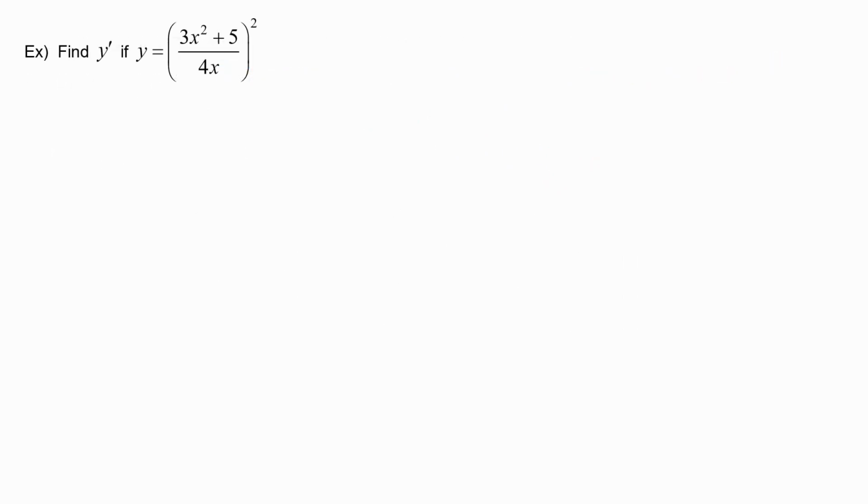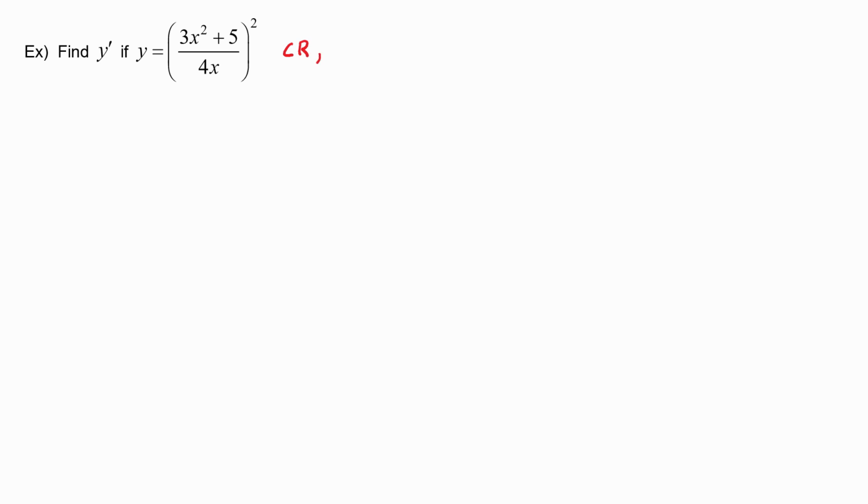In this example, find y prime if y is equal to the quantity 3x squared plus 5 over 4x raised to the second power. Because we have a composite function, stuff squared, we know we will have to use the chain rule.